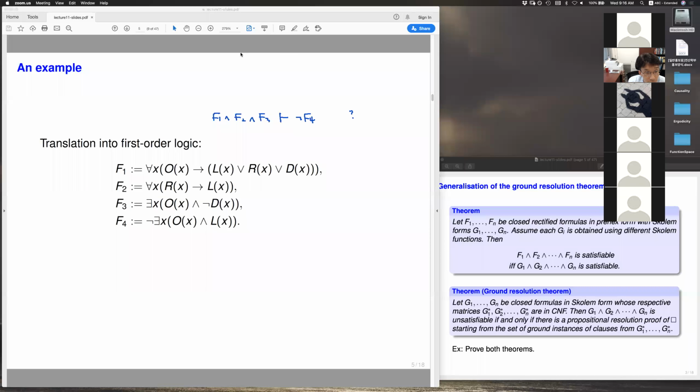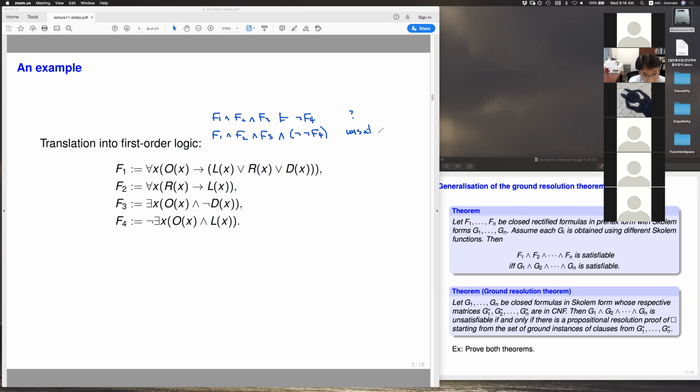But then the proof by contradiction says, checking this is essentially the same thing as, I mean, actually it's a semantic entailment. This implies this one is the same as putting the negation on the top and then checking whether this is unsatisfiable.